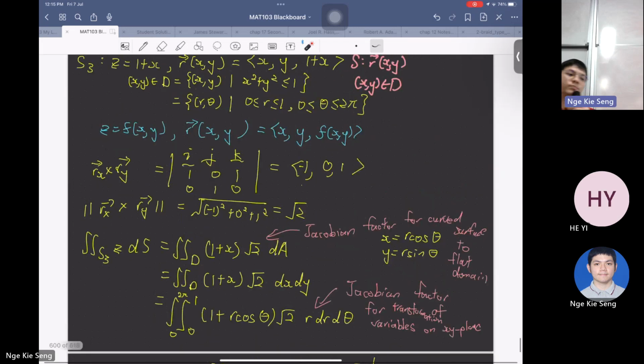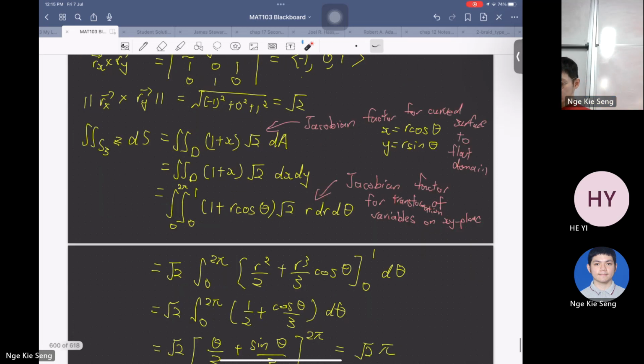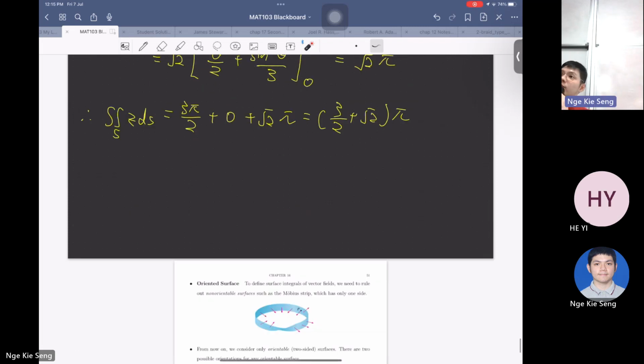So you need to understand the theory and also know how to do the computation. Don't just compute. That's why I like to give you concept questions in your assignment, because you need to know the concepts and also how to compute.